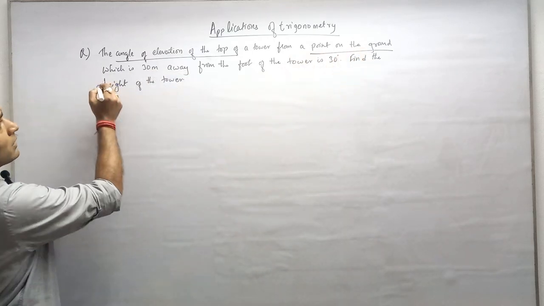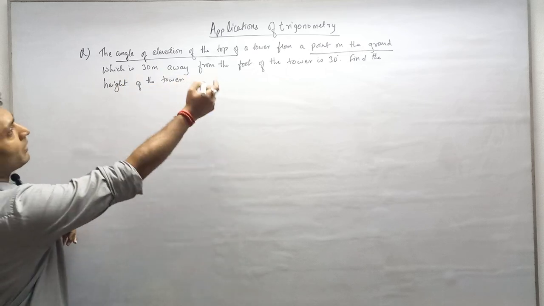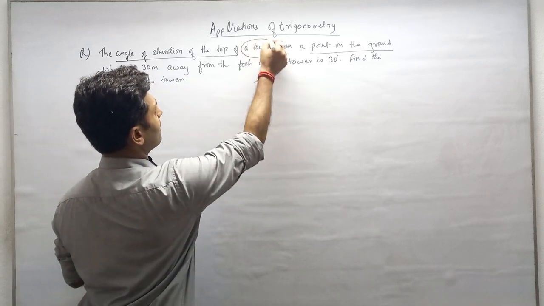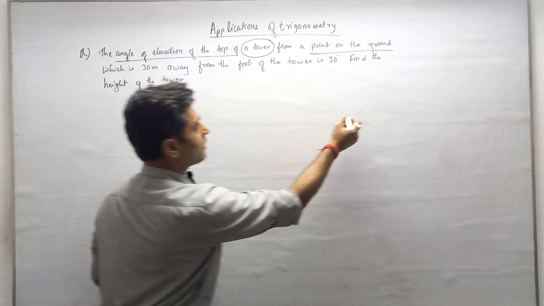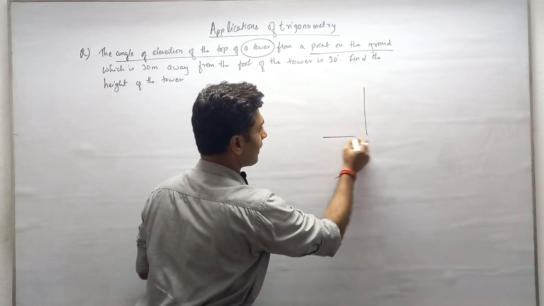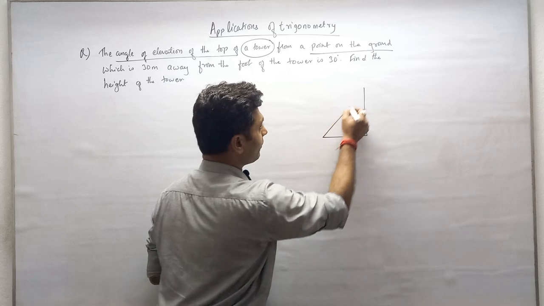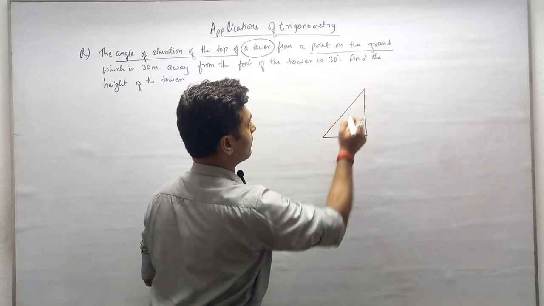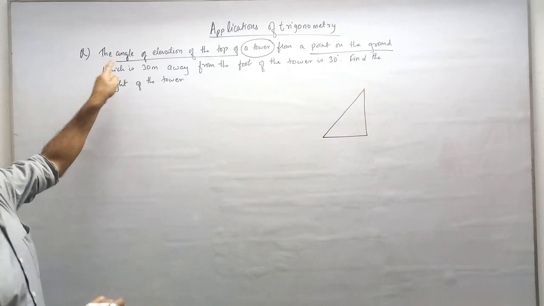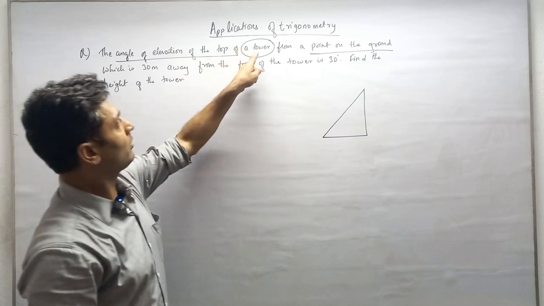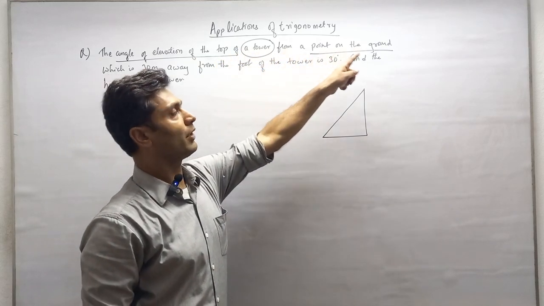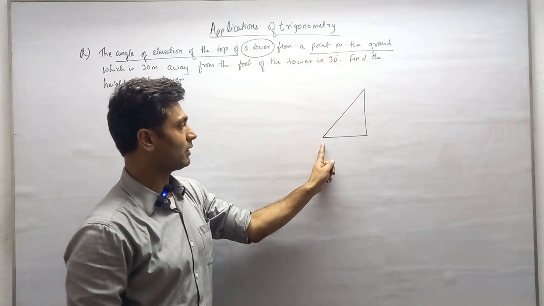Top of what? The top of a tower. So there is a tower here, and from the point on the ground, the angle of elevation to the top of the tower. This is the point on the ground.